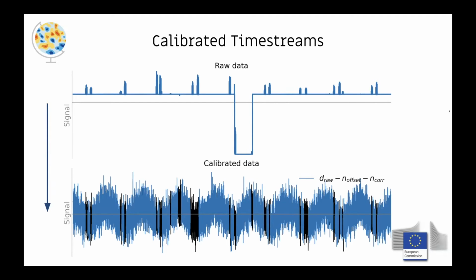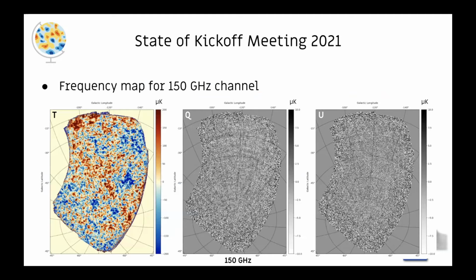We solve for correlated noise and for the jump offsets, and we subtract these off of the data. This gives us calibrated data, which we then feed into a binned map maker. That's the main result that I showed last year at the kickoff meeting, which was the frequency map for the 150 gigahertz channel.